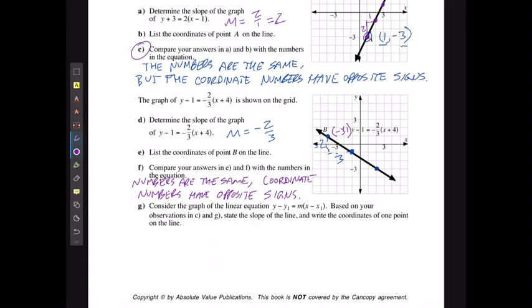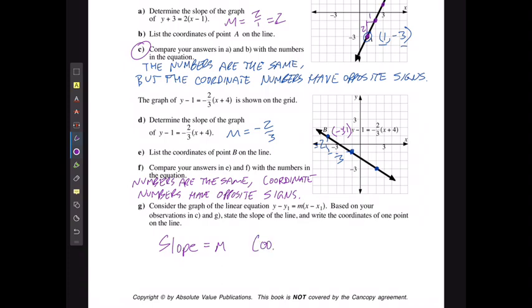Considering the graph of the linear equation y minus y1 is equal to m bracket x minus x1, based on your observations, state the slope and write the coordinates of one point on the line. So, if this is true, then I'm going to say that my slope is going to equal m.